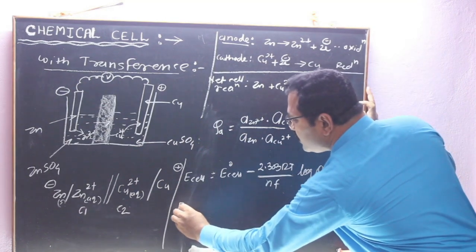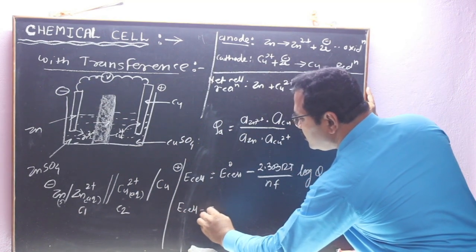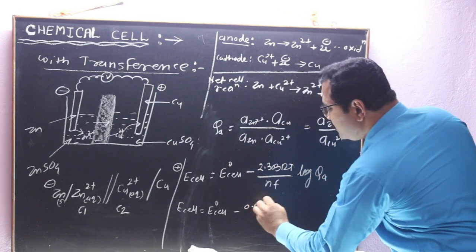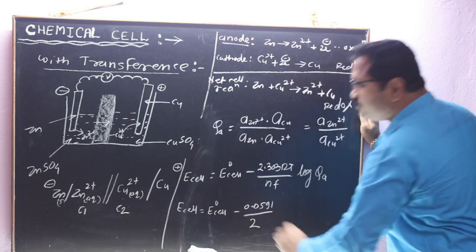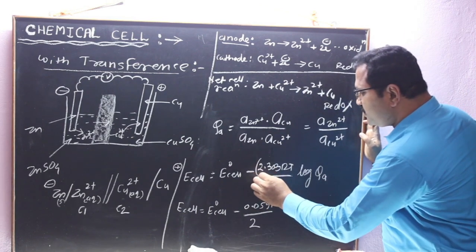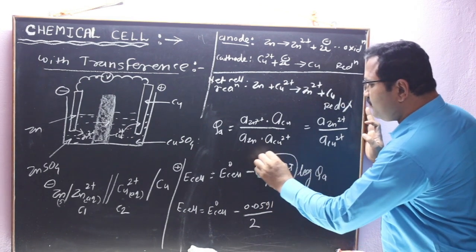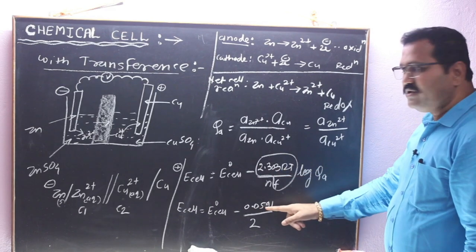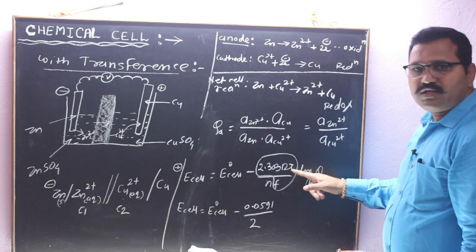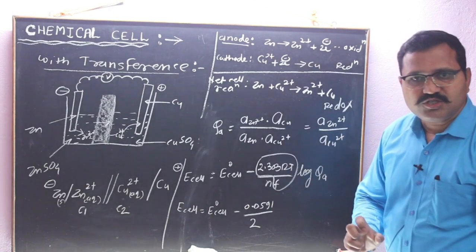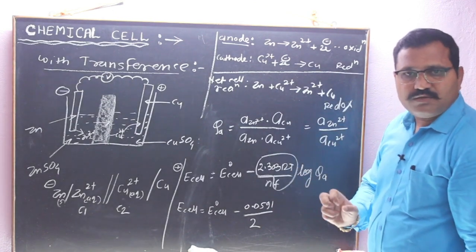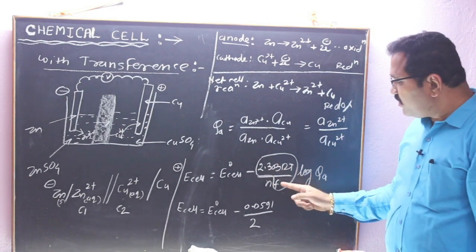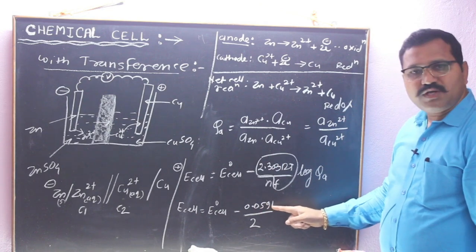Therefore, E cell is equal to E naught cell minus 0.0591 upon 2. This quantity 2.303 RT upon F is 0.0591 at 298 Kelvin temperature. If we take temperature constant at 298 Kelvin, then the value of 2.303 RT upon F will be 0.0591.